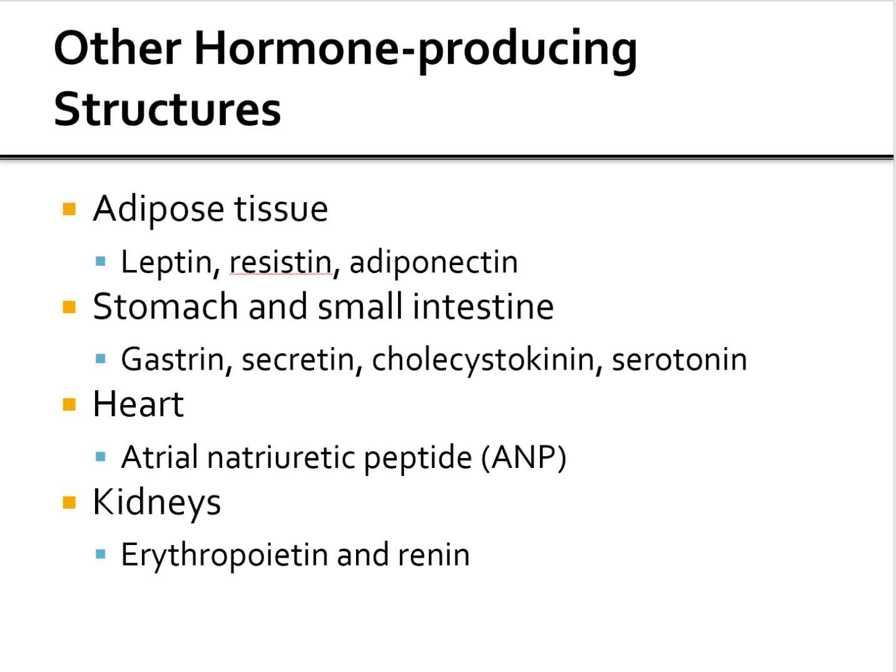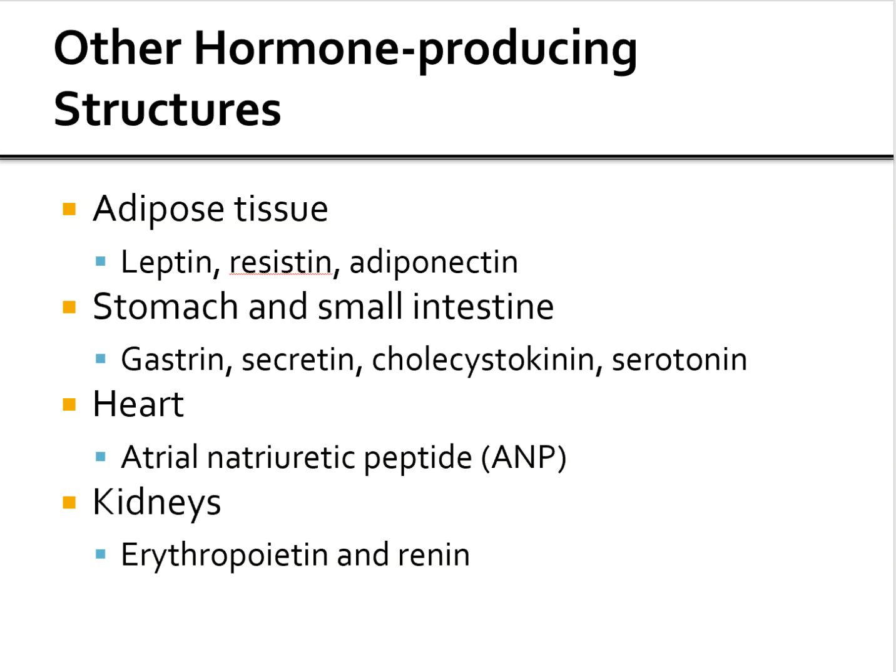Now, in the first recording I mentioned there are organs in the body that have endocrine function because they secrete hormones. I'm not really going to talk about the function of any of these hormones because we'll talk about that when we get into the organ systems that cover these.